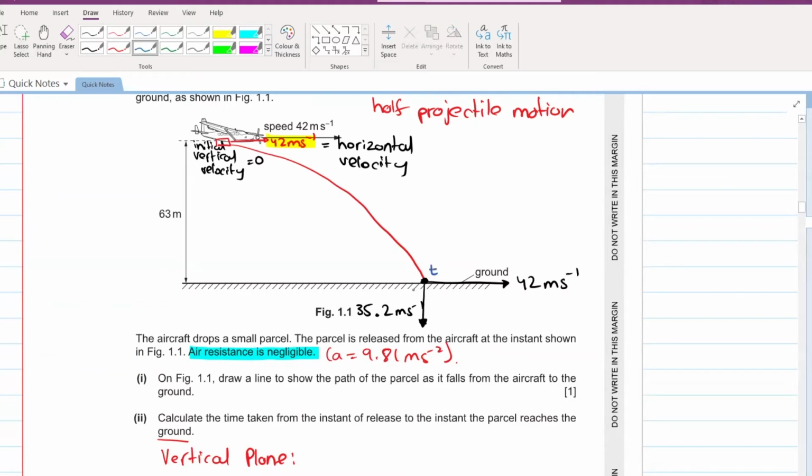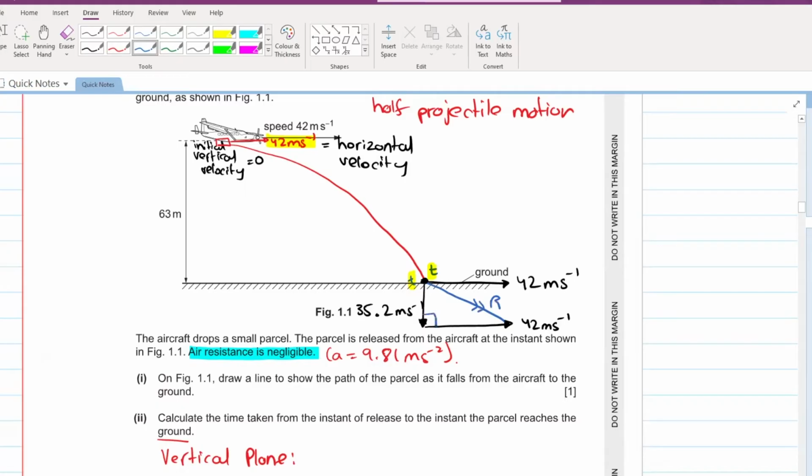This is the tail of one vector and this is the tail of the other vector. Currently both tails are connected together, so the head to tail rule is not being applied. You will shift the vector downward. Now the head to tail rule is being applied, and this is your resultant vector.